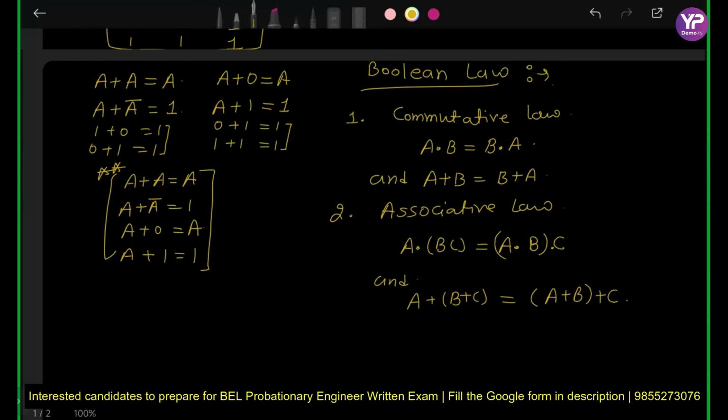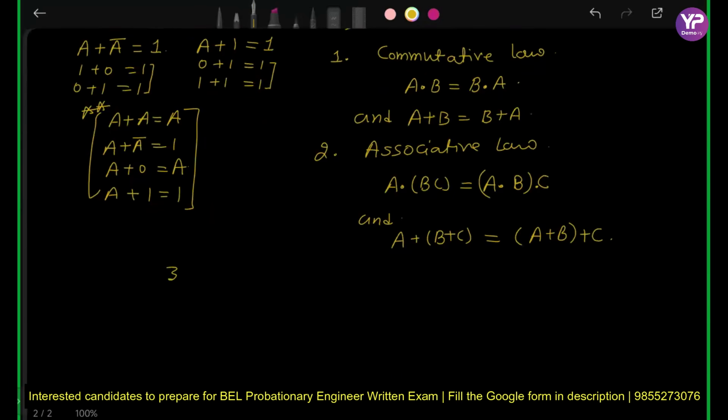Next, the third law is the distributive law. Distributive law means A and B plus C can be written as A and B, where the A will be distributed.